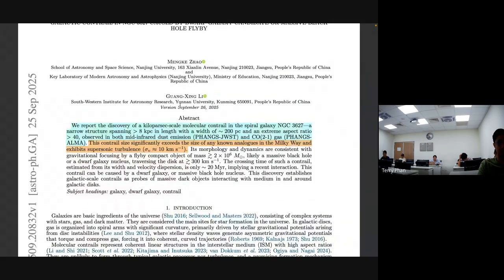They note that the contrail is much larger than any other similar structure known in the Milky Way that exhibits supersonic turbulence, with velocity dispersion around 10 kilometer per second, indicating a highly dynamic feature.